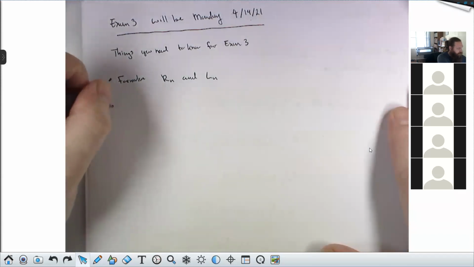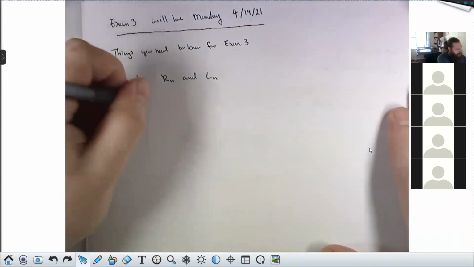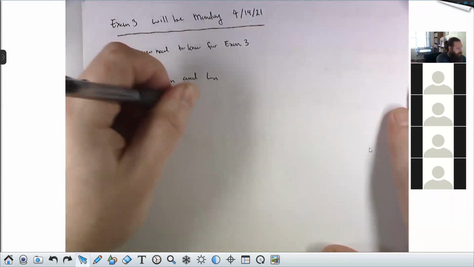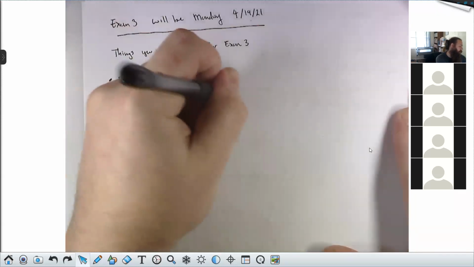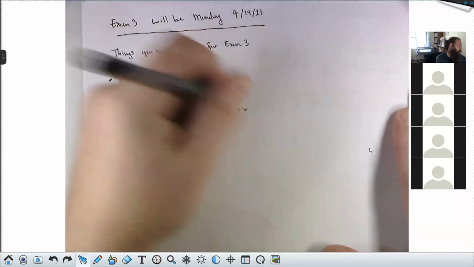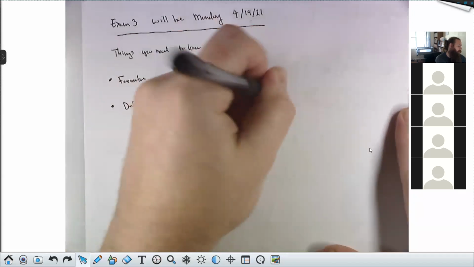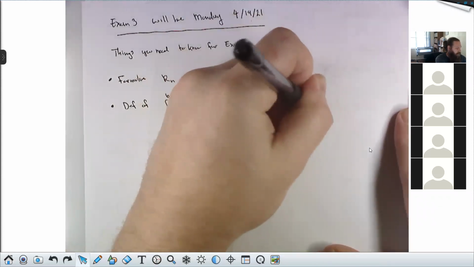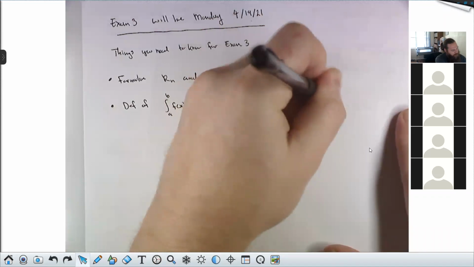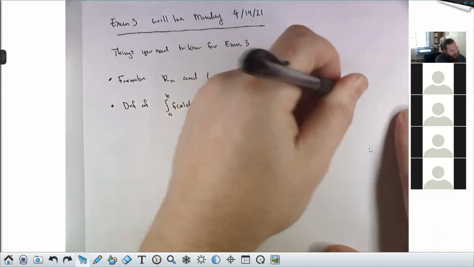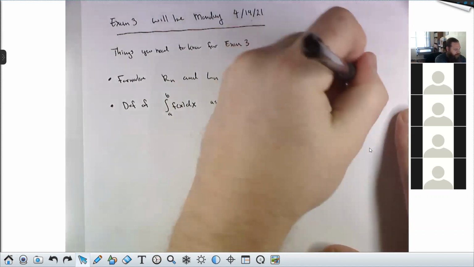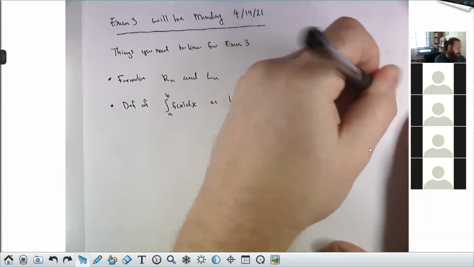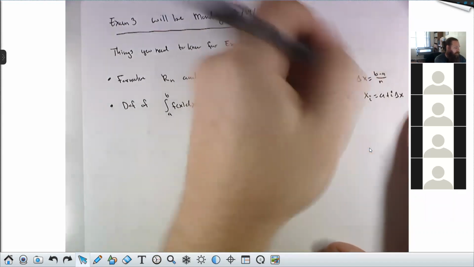You need to know the definition of the integral from a to b of f of x dx as the limit as n goes to infinity of Rn, which is the limit as n goes to infinity of the sum from i equals 1 to n of f of xi delta x, with all the little bits here. Remember, delta x is always (b minus a) over n, and xi is a plus i delta x.